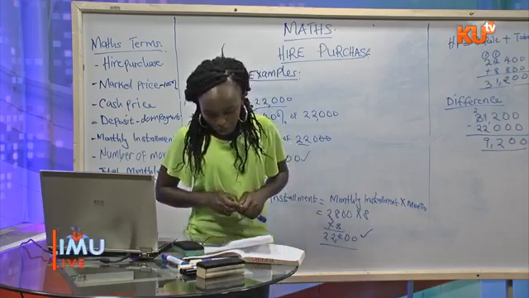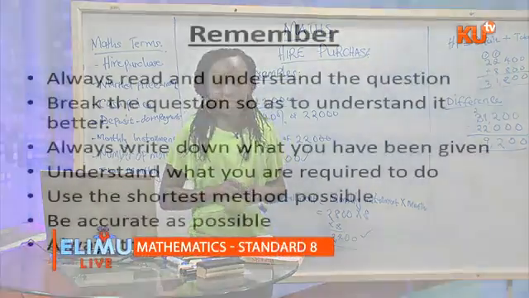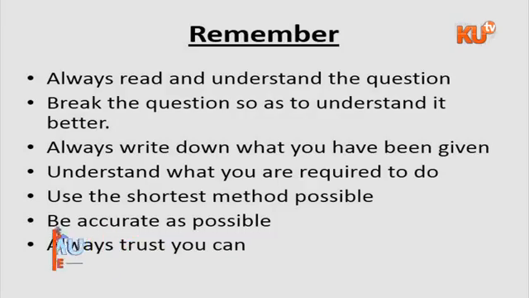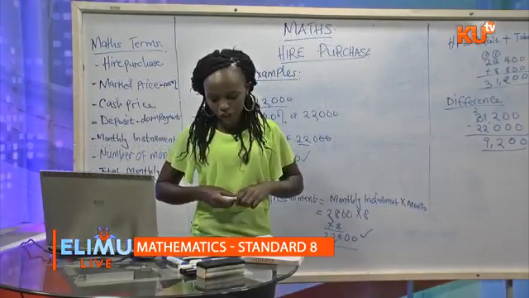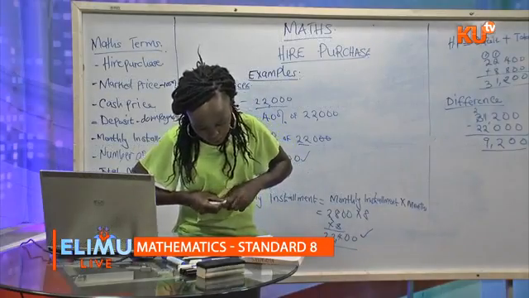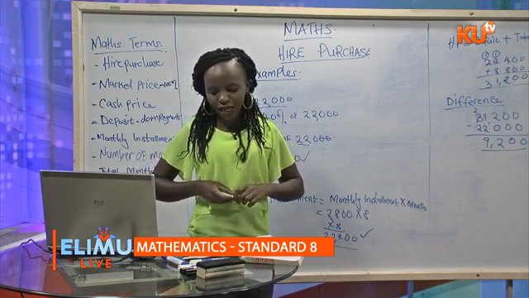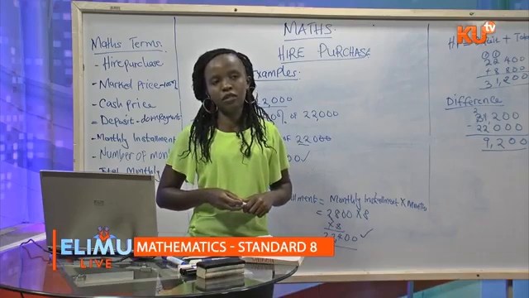And then point number 5, use the shortest method possible. In primary school, we advise that we use the shortest method possible. You don't have to go the long way to get a simple answer. Then another point to remember, be as accurate as possible.